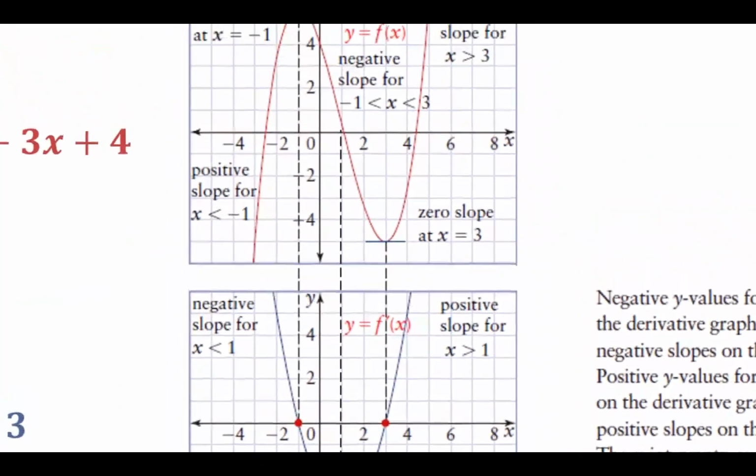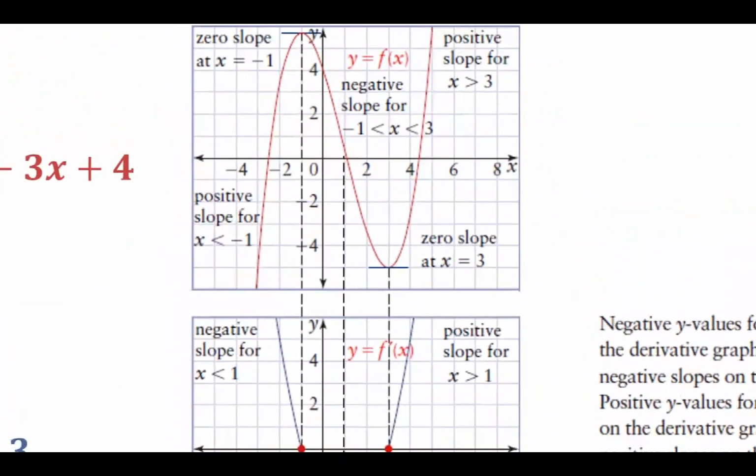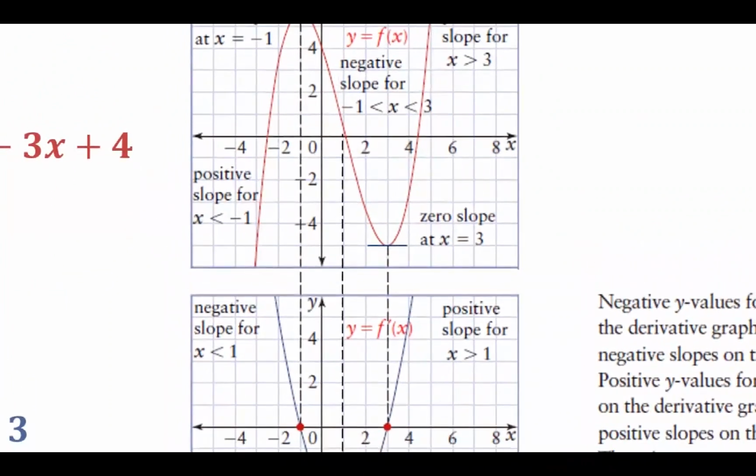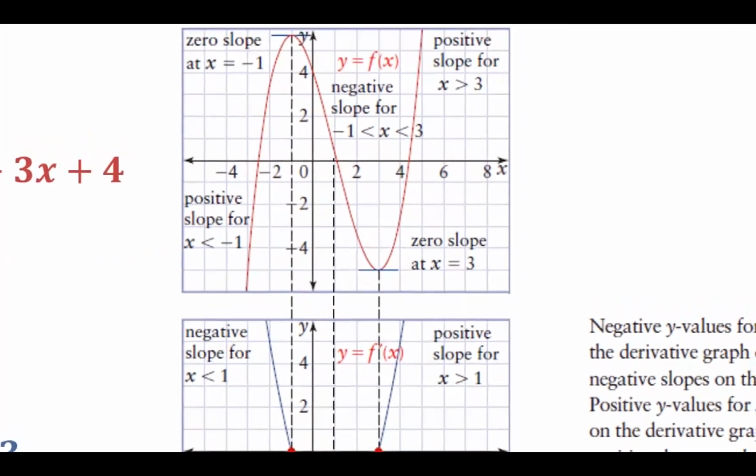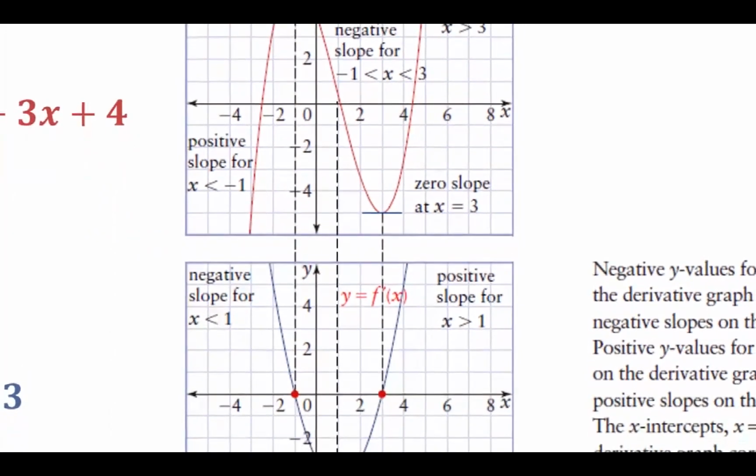Because as you can see here, before the key point x equals 1, this function keeps increasing, right? Therefore, the instantaneous rate of change of this function is positive, right? And at this point, this function stops increasing. Therefore, at x equals 1, the first derivative of this function equals 0.